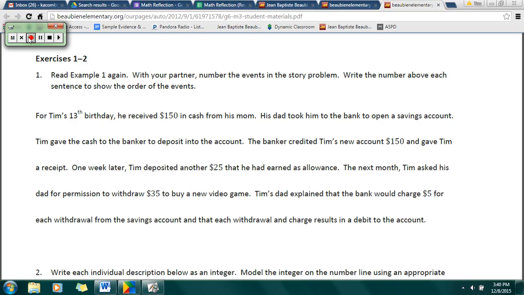One week later, Tim deposited another $25 that he had earned as an allowance. The next month, Tim asked his dad for permission to withdraw $35 to buy a new video game. Tim's dad explained that the bank would charge $5 for each withdrawal from the savings account and that each withdrawal and charge results in a debit to the account.